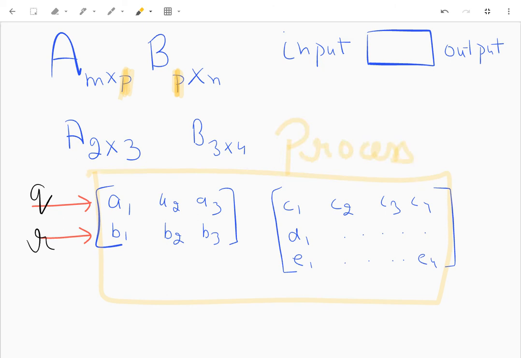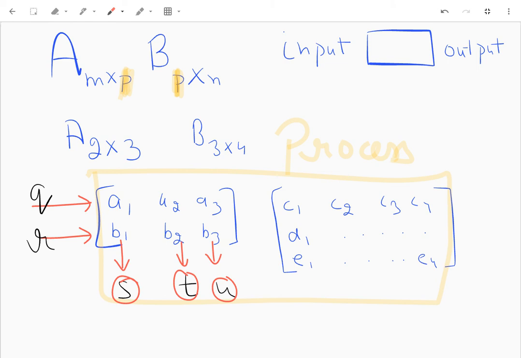Now Q and R are my inputs, and what the first matrix is doing is applying certain conditions which are a part of the process. So as I can see, I have three conditions, say S, T, and U. Okay, so my input Q and R is going through these three conditions, S, T, and U, for an output.